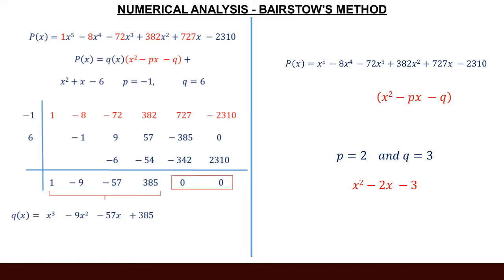Now look at this. Let me show you something from synthetic division, because in Bairstow's method we make use of two popular methods that we know: synthetic division and Newton-Raphson. Now, synthetic division, let me give you a clue.